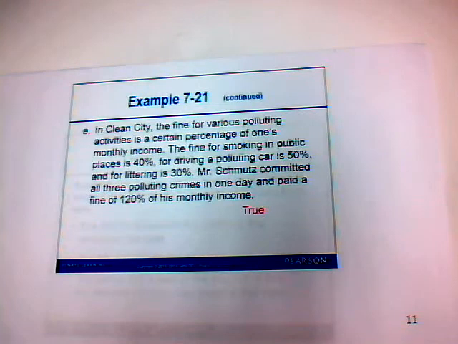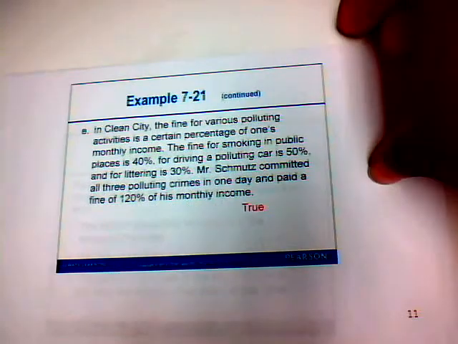Mr. Schmutz committed all three polluting crimes in one day and paid a fine of 120% of his monthly income. That would be true because at 40, 50, and 30, you'll get 120% because he committed all three polluting crimes and had to pay that percentage of his monthly income.